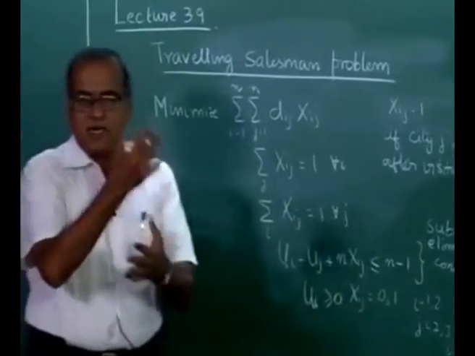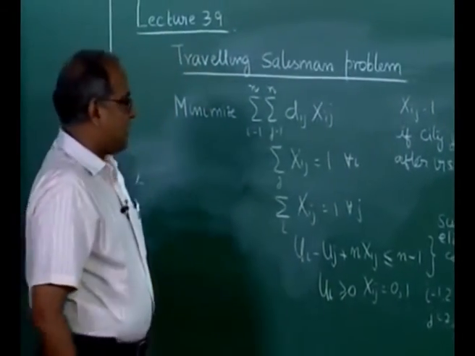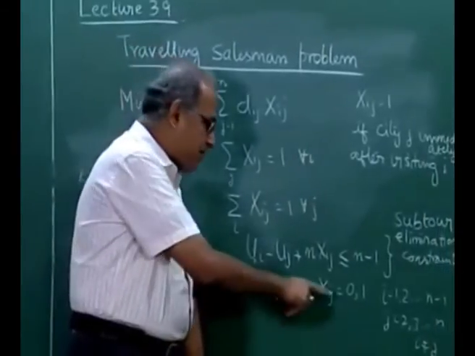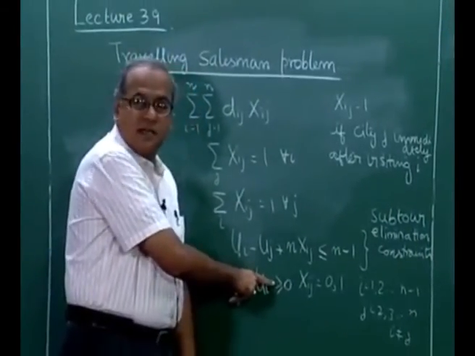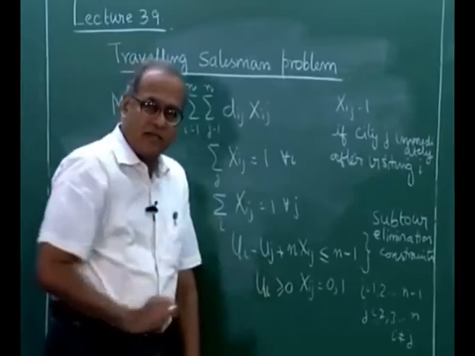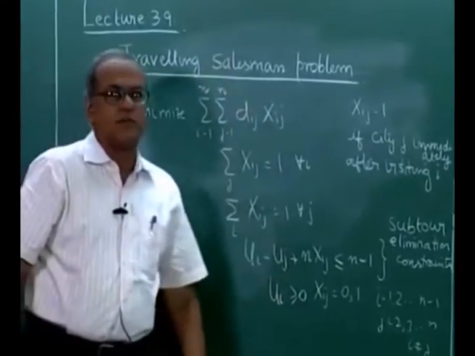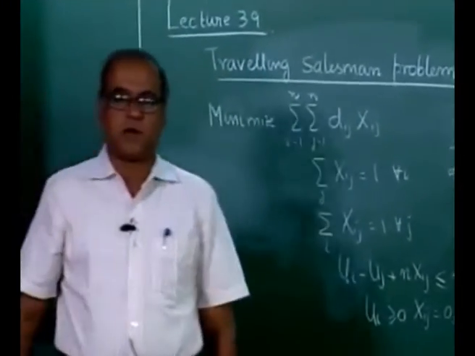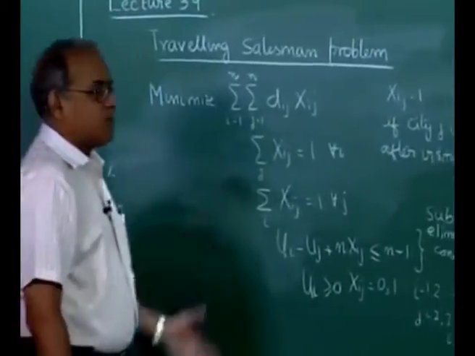So, we will have a large number of constraints, and this is a binary formulation plus a mixed formulation, because these set of variables are continuous. So, we normally do not use this formulation to solve the travelling salesman problem. Instead, we use branch and bound algorithms.